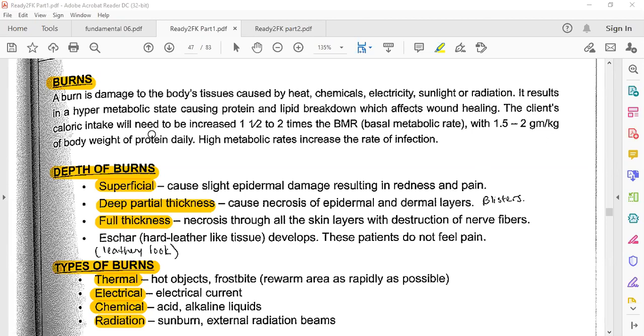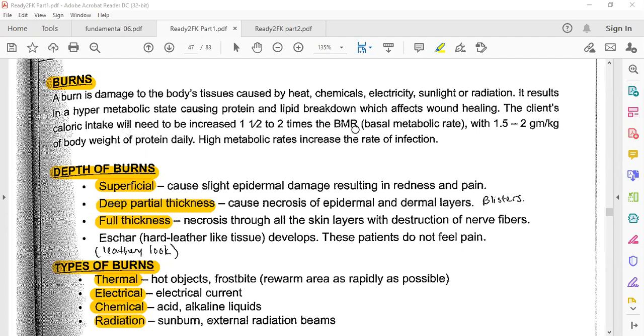So it results in a hypermetabolic state, causing protein and lipid breakdown, which affects wound healing. The client's calorie intake will need to increase to at least 1.5 to 2 times the basal metabolic rate, which we call BMR.